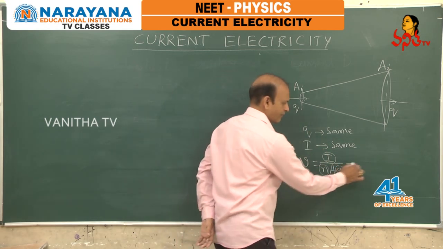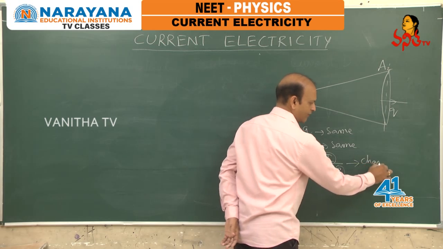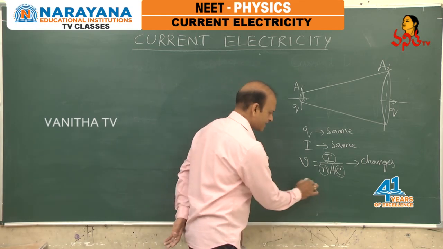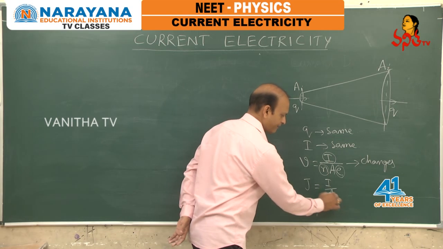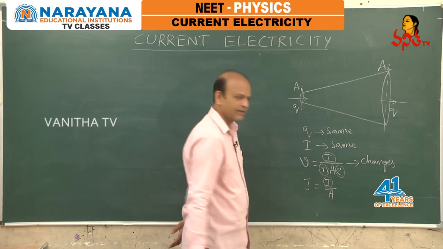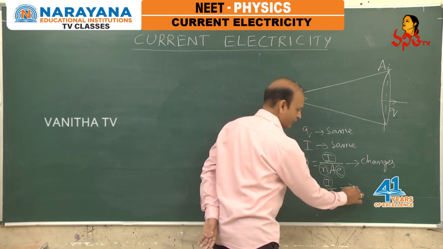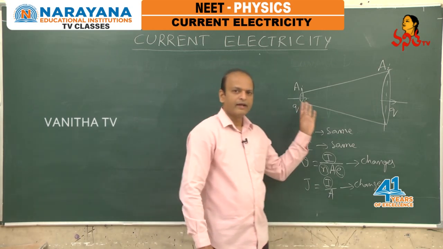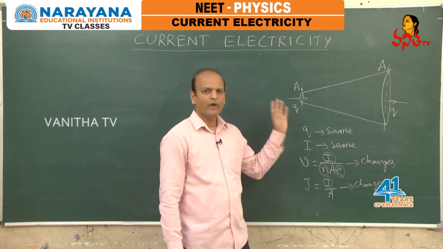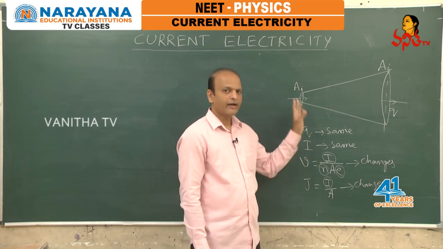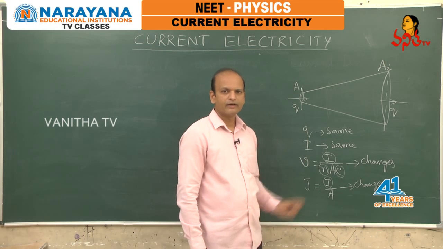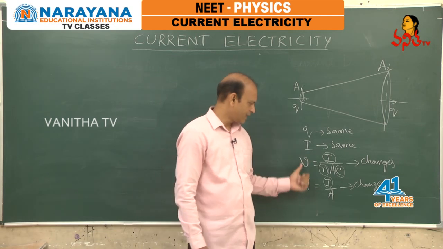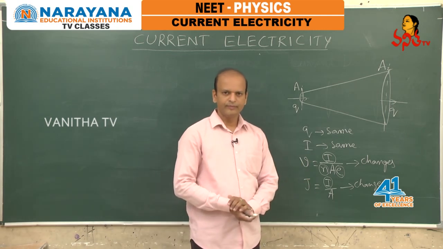Therefore, the drift speed varies, and if drift speed changes, current density, which is I by A, with I constant and A changing, also changes. And even the electric field intensity E also varies. So, for a non-uniform conductor of different area of cross section, I and Q remain the same, while drift speed and J will be changing. Okay.